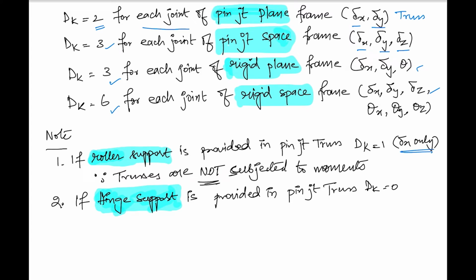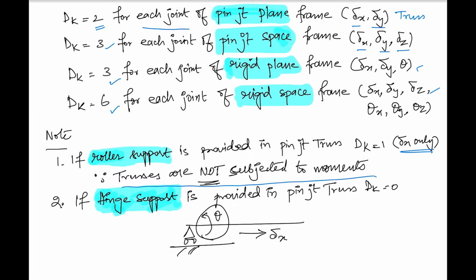If you recollect, we have seen the roller joint. We said the degree of freedom for this is theta, and it also has the ability to move in the delta x direction. But why don't we have this moment? Since trusses are not subjected to moments, we assume that theta equals 0. So if a hinge support is provided at the pin jointed truss, the degree of freedom is equal to 0.